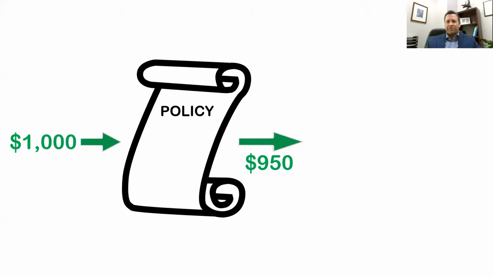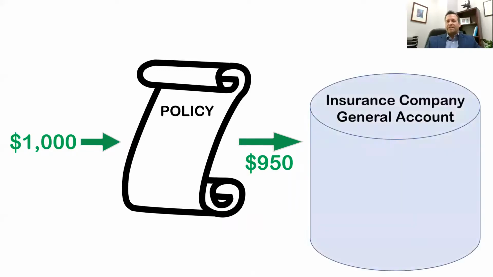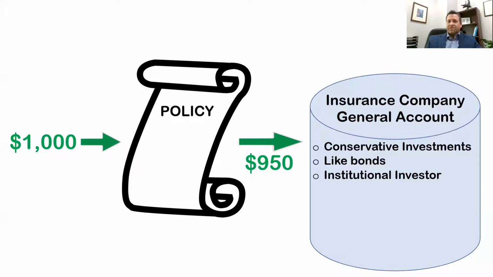They take the $950 and invest it in the insurance company's general account, which is invested in conservative investments like bonds. Since they're an institutional investor, they can get returns like 5.3% on their investment grade bonds, whereas if we tried to do that as individuals, we couldn't even come close.